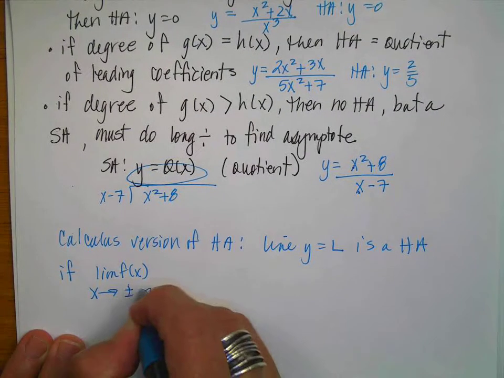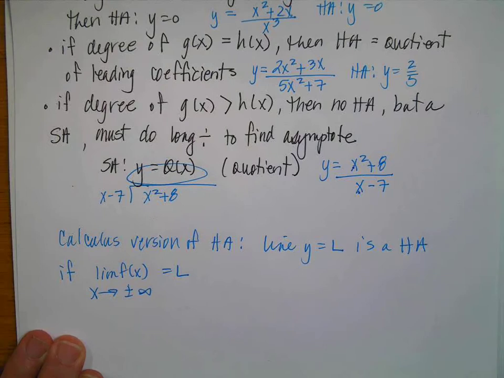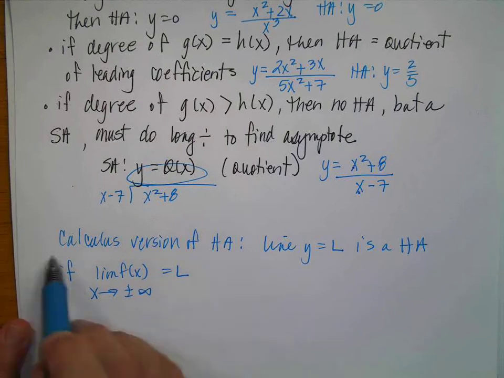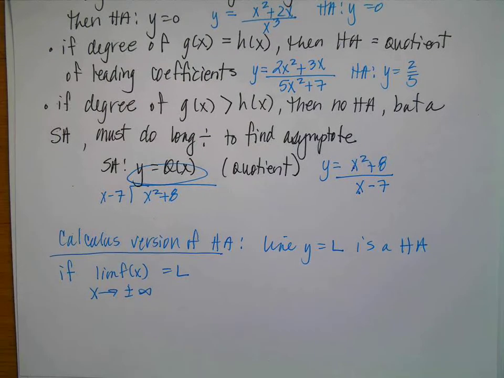Now you can. Plus or minus infinity is going to be L. So that's just the way that we talk about our horizontal asymptotes from a calculus perspective.